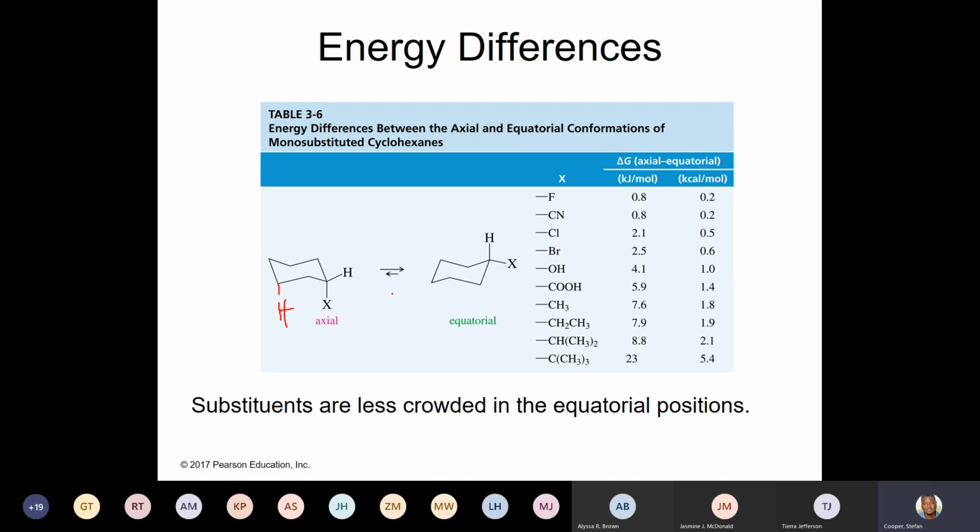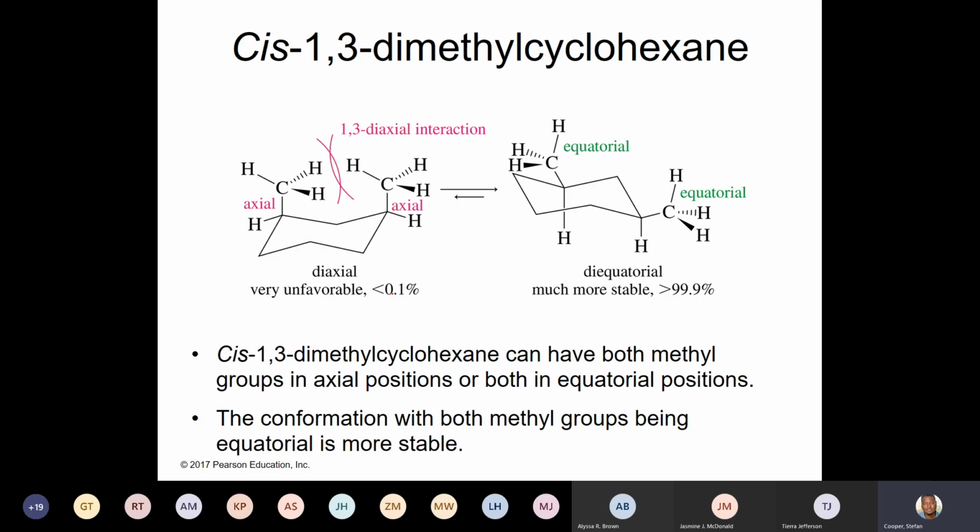Okay, good. So let's take a look at this molecule called cis-1,3-dimethylcyclohexane. We're going to try to break these down a little bit further next class. I do need to talk about how we can draw these, and I got to do this from PowerPoint.